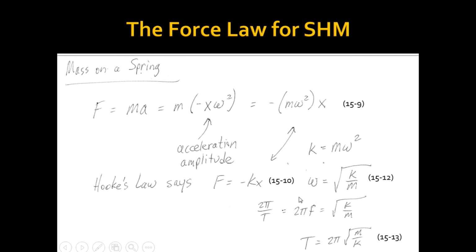And we know that omega is equal to 2 pi over the period, or 2 pi times the frequency. So I can solve this equation now for the period, and that tells me that the period is equal to 2 pi times the square root of the oscillating mass over the k constant. So if I know the mass on the spring and I know the k constant of the spring, I can calculate what the period of oscillation will be for that oscillating mass on the spring.